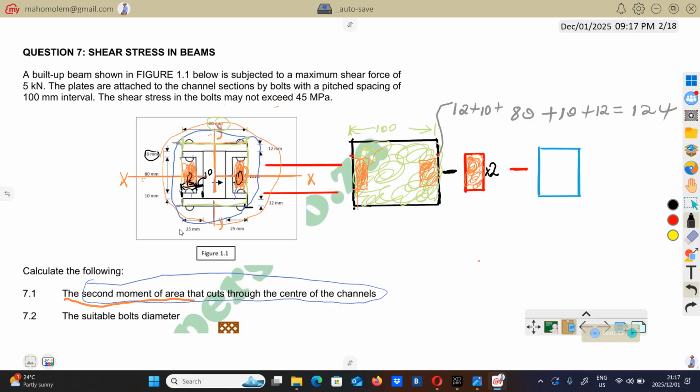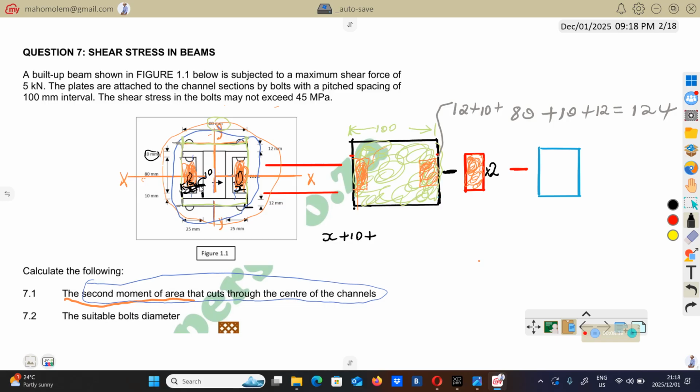Or we can use the other way. Someone maybe can say that let this distance, we don't know it, let's call it x. Then we'll say x plus 10 plus, so remember 10 is this one.